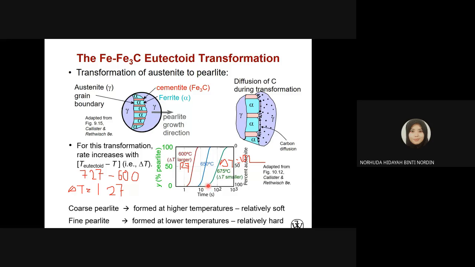Here you get coarse pearlite because the nuclei have time to grow. So these materials will be much softer compared to this one. For this one, you will get a stronger material, and this one will be a much softer material.